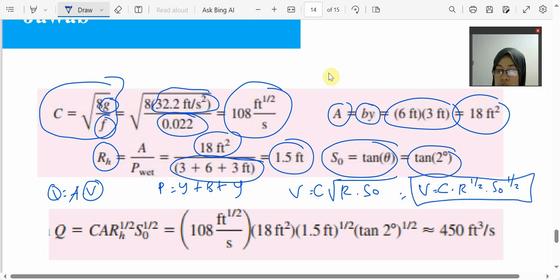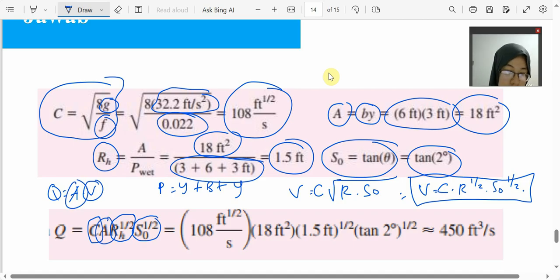R, S0, and C. This is velocity, and if we want to calculate the discharge, we must multiply it with A, right?